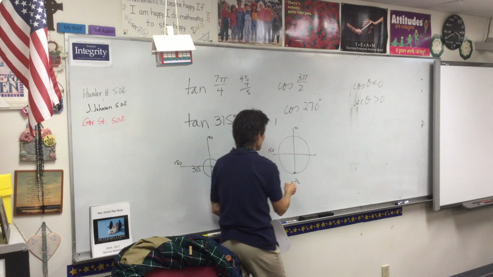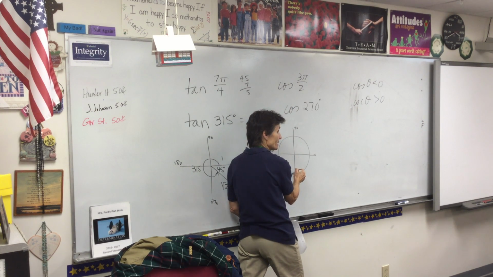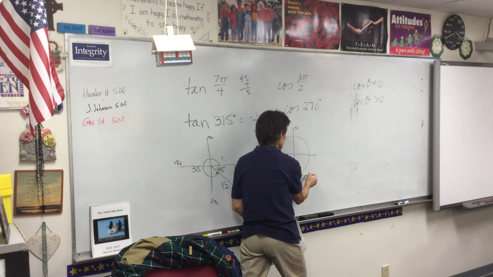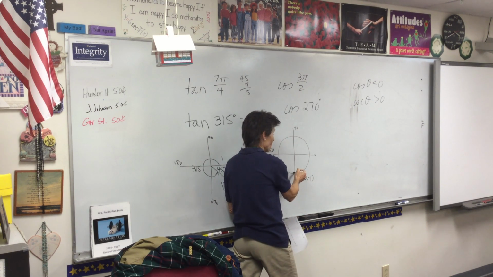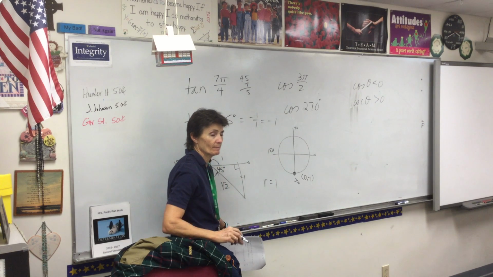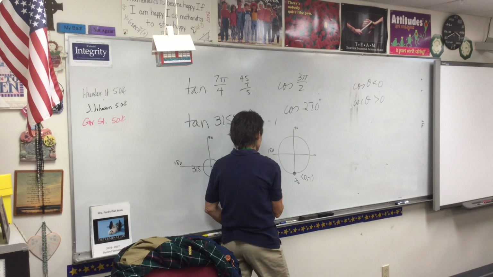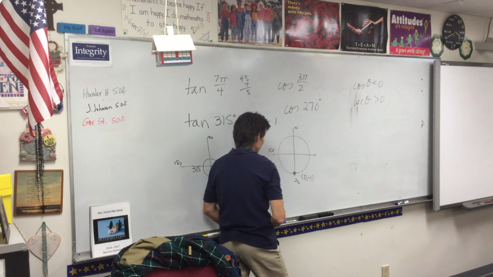So the coordinates of this point would be 0, negative 1. Here's the origin, down 1, 0, negative 1. X is 0, y is negative 1, that's from your point.